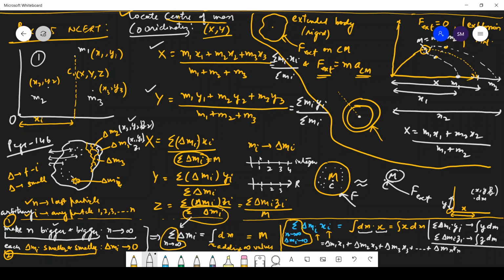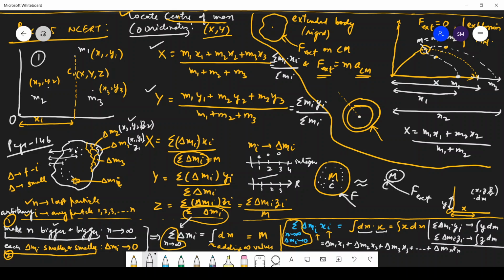When you make a graph, suppose this point, this point, this point, these are discrete. But if you draw a line, then the points on this line are continuous. There is no discontinuity. Here there is discontinuity. There is no mass in between. But here there is a particle between the two particles.